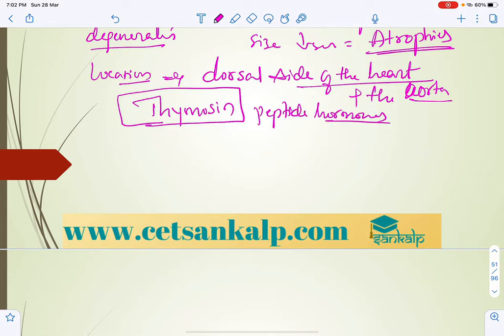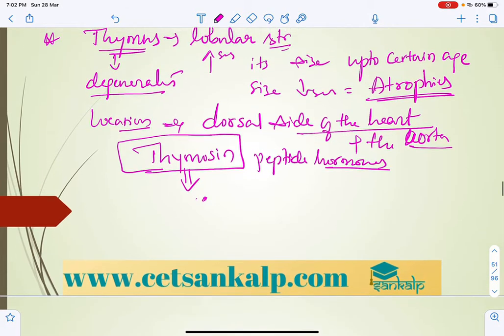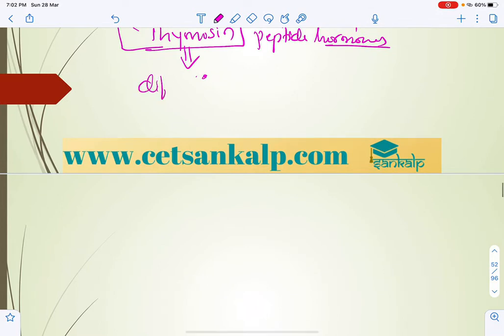This peptide hormone thymosin plays a major role in the differentiation of T lymphocytes. As we all know, there are two types of lymphocytes.